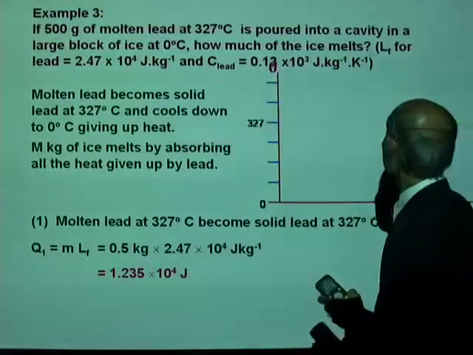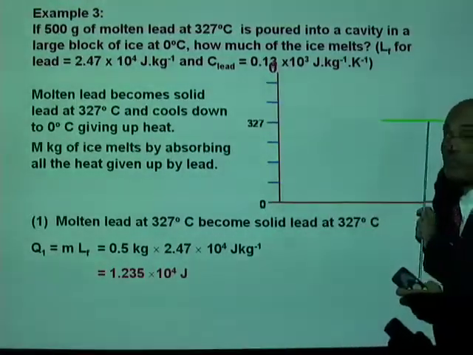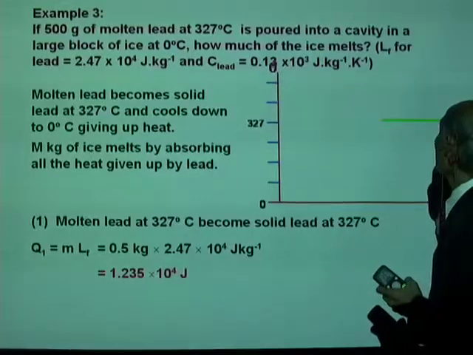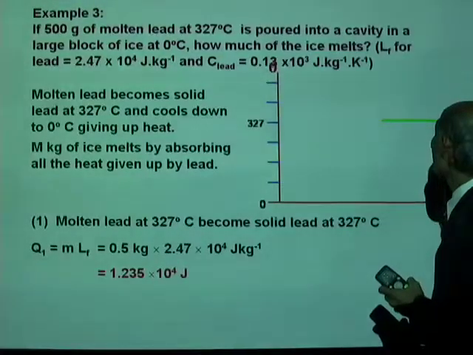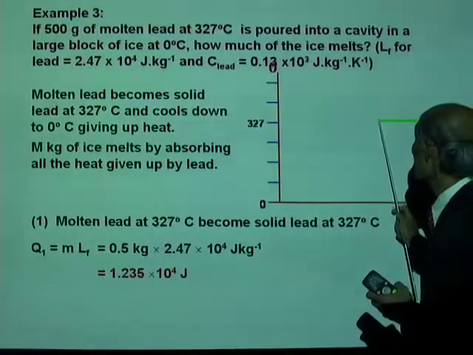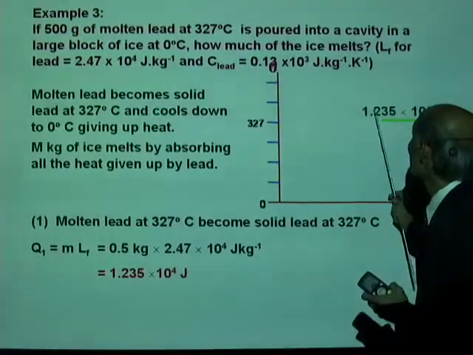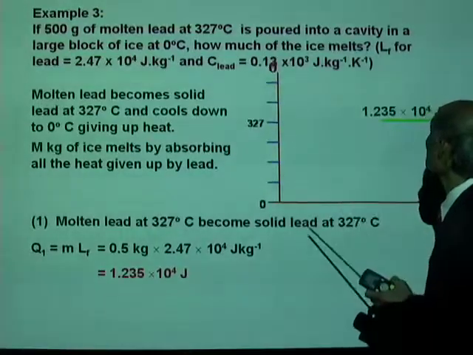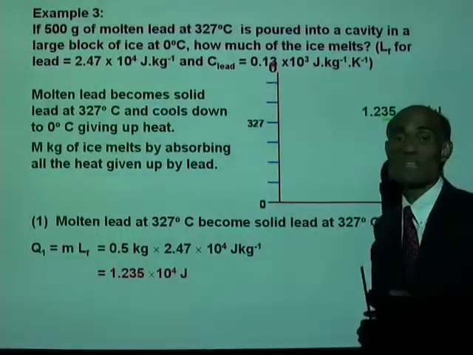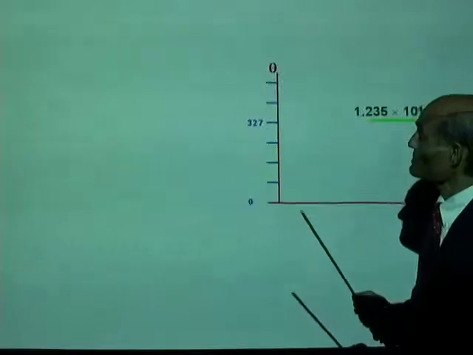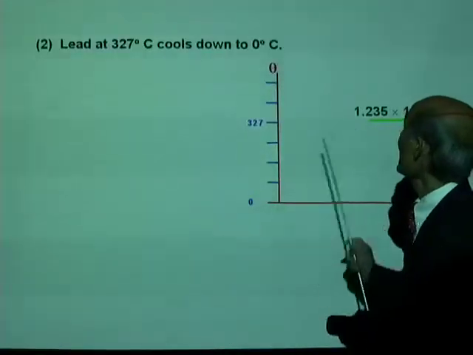And on the diagram it is this. So all the lead is liquid on the right side and all the lead is solid on the left side, and the amount of heat given out is 1.235 times 10 to the 4 joules. What is the next stage?